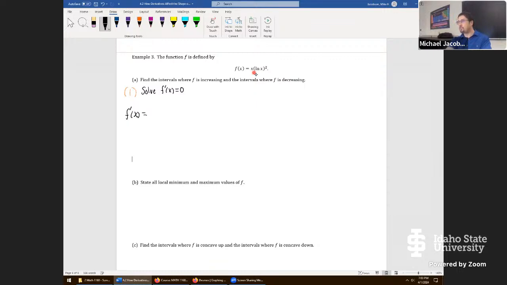F prime of x is going to be first the derivative of x, and you can put a 1 right down there, if you feel like you've got really great practice with product rule. I'll just do this mainly for the sake of the notes at this point. It'll multiply natural log x squared, and go plus, copy your x, and then here, go parenthesis, another parenthesis, natural log x to the power 2, prime.